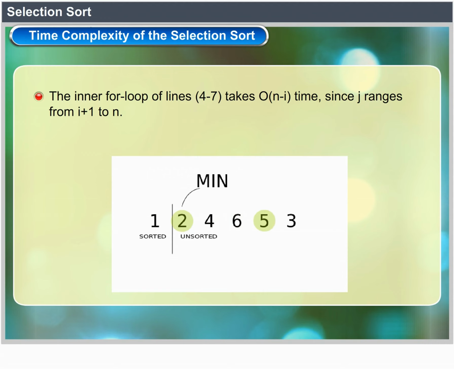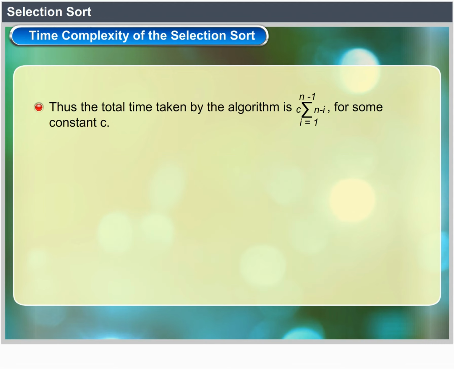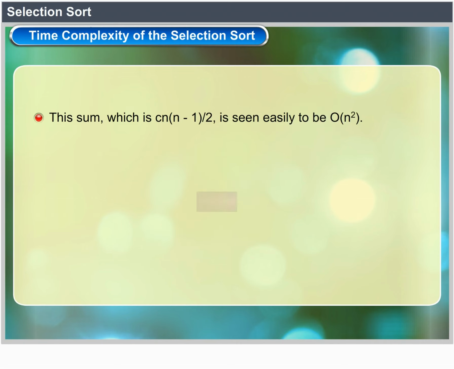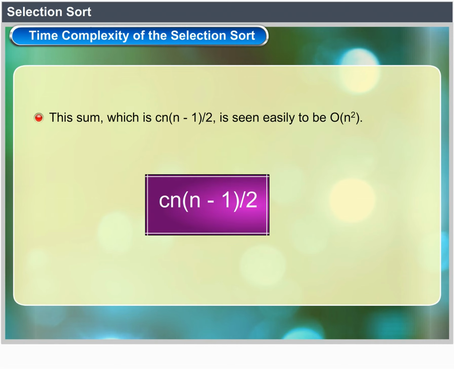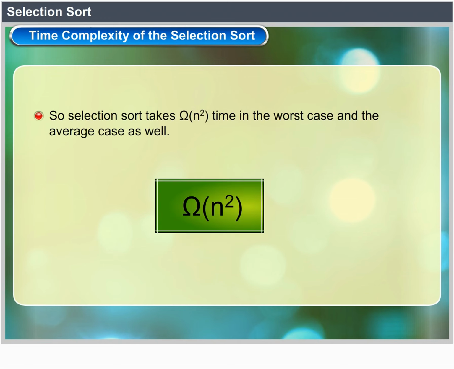Thus, the total time taken by the algorithm is C summation of I equals 1 to n minus 1, n minus I for some constant C. This sum, which is Cn into n minus 1 by 2, is seen easily to be big O of n square. So, selection sort takes big omega of n square time in the worst case and the average case as well.